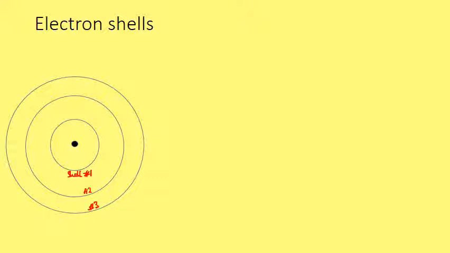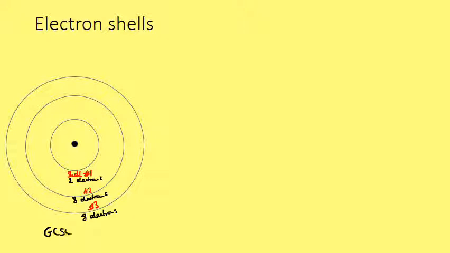We only looked at 3, and you will remember that there was 2 electrons in shell number 1, there were 8 electrons in shell number 2, and in shell number 3 we also had 8 electrons, which we'll do at GCSE level because we only go up to calcium, so that's fine. You'll see at A level that the third shell holds a few more than 8 electrons.